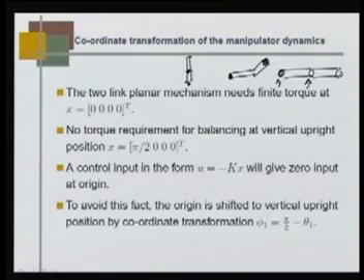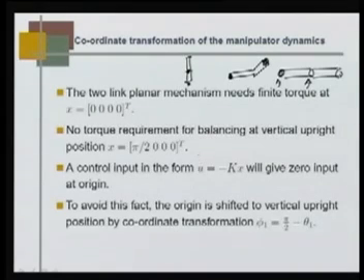So, if I keep the two links one above the other, this is called the vertical upright position, which in the state-wise form is pi by 2, 0, 0, 0. Then you see that the system is stable and does not require any control action at equilibrium.